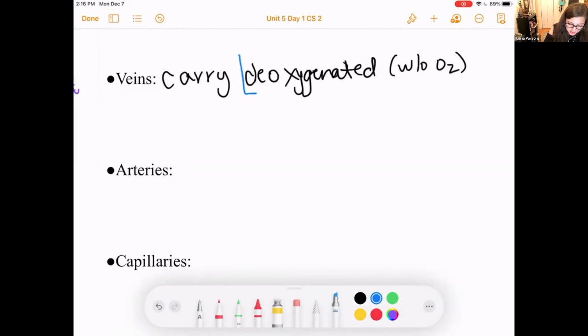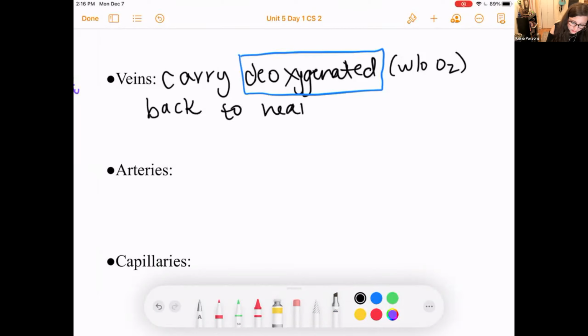We're going to signify deoxygenated with blue. Veins carry deoxygenated blood back to the heart. And that's really about how your vein looks, right?